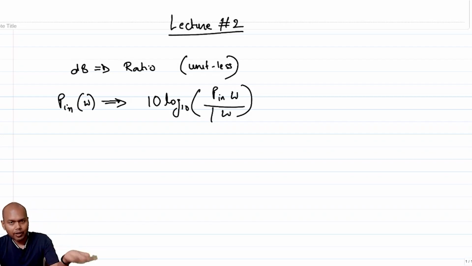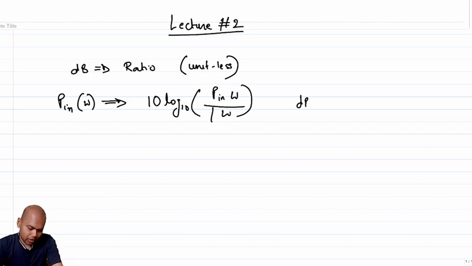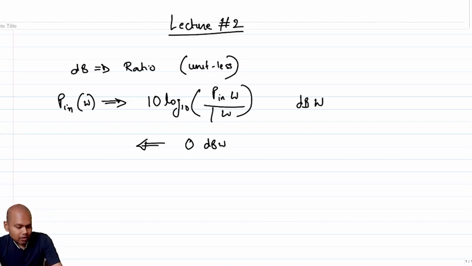In order to convey that I have divided P in with respect to 1 watt, we call this dBW, where W means watt. If I say that I have a 0 dBW power, what would that signify? 0 dBW power signifies that the argument is 1, which means that P in will be 1 watt.